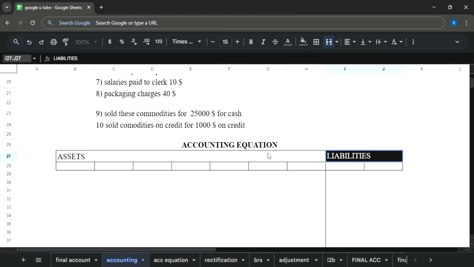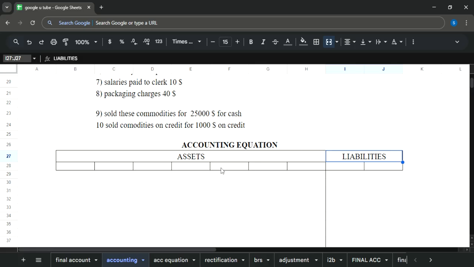liabilities. Assets are basically the favorable elements of the business. Understand the meaning? Assets are basically the favorable elements of the business. Liabilities are basically unwanted elements of the business or unfavorable things. I will give you an example.